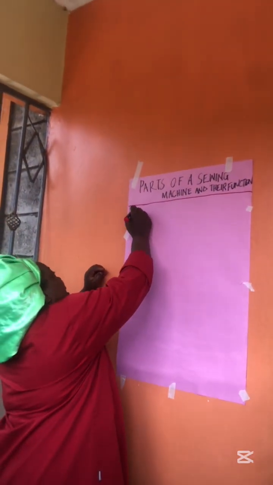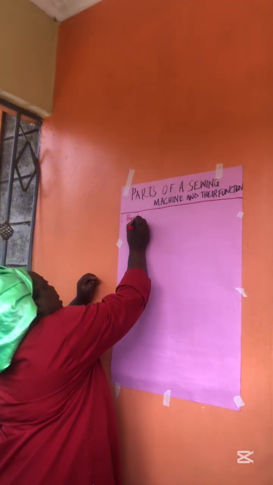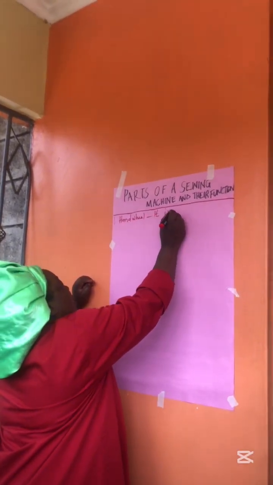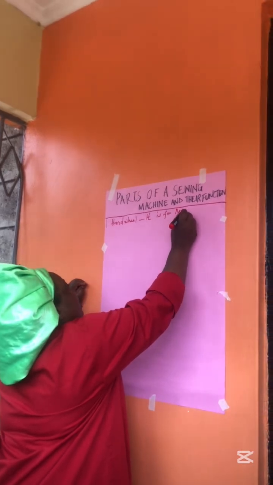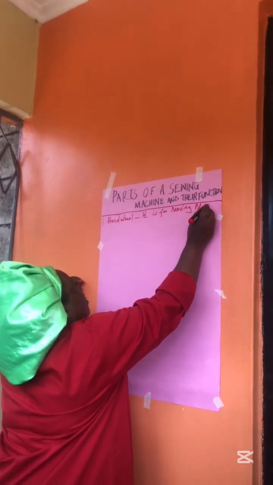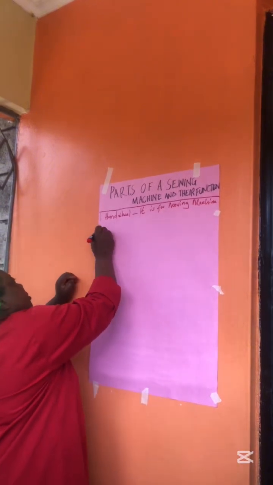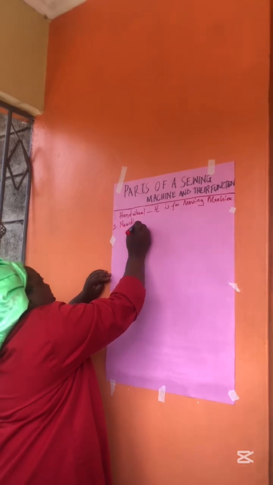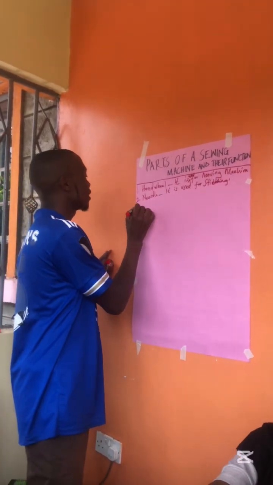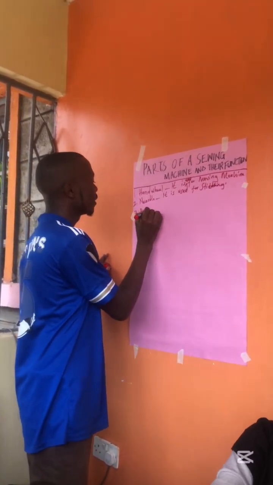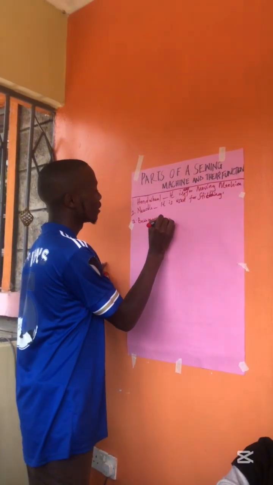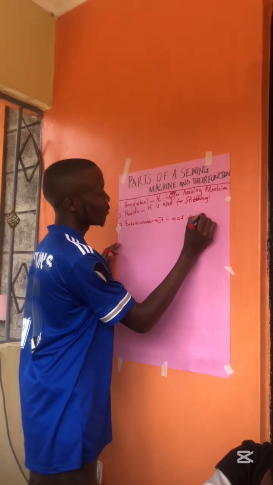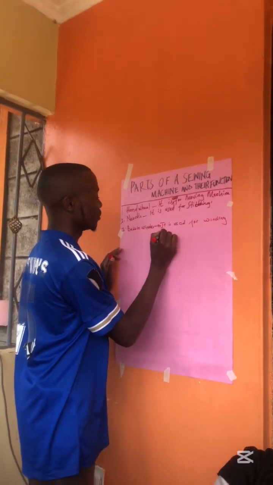Number one, hand wheel. It is used for moving the machine. Number two, we have the needle. Number three, I can write bobbin winder. It is used for winding the bobbin.